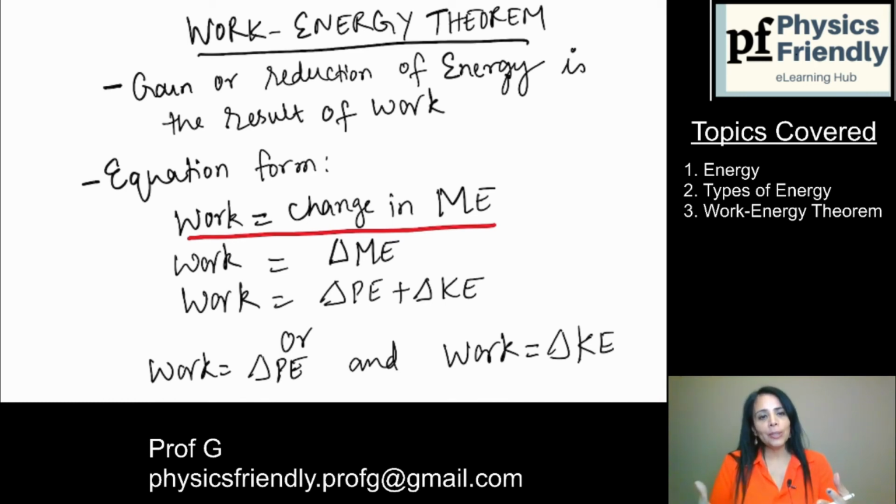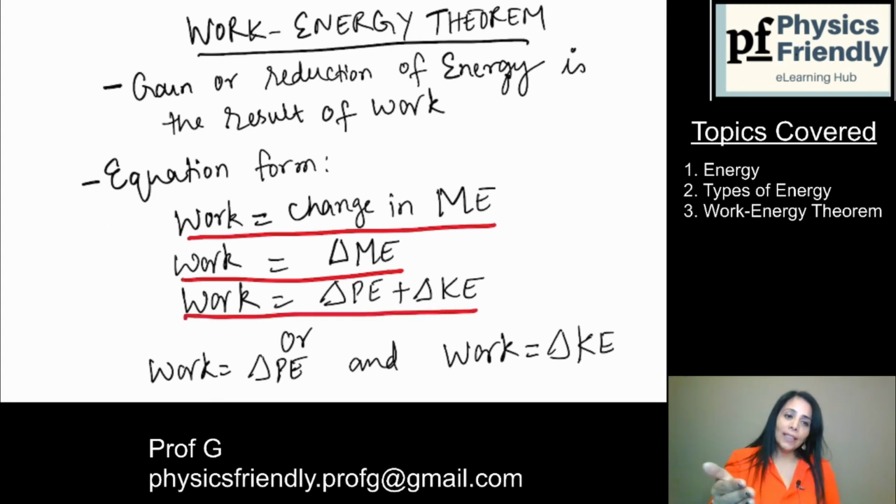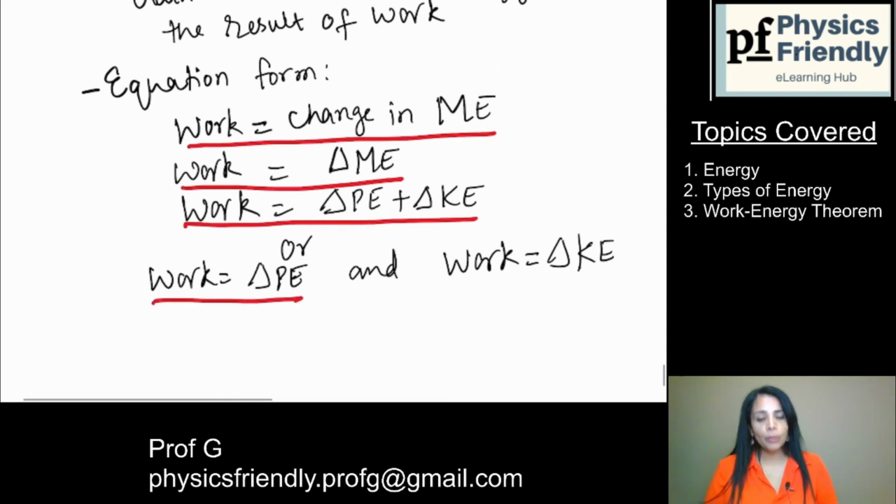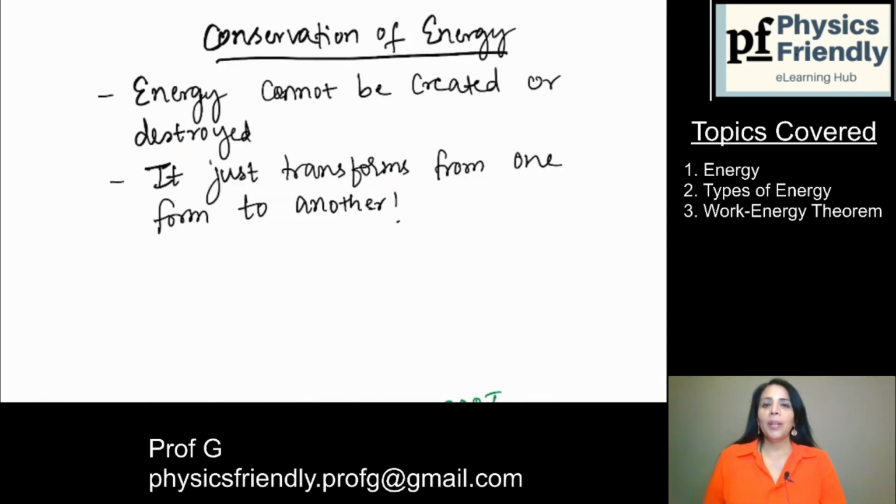That becomes work equals delta ME, where mechanical energy is a combination of both the potential as well as the kinetic part. So we write it in equation form: work equals delta PE plus delta KE. Or it can be separately written this way: work equals change in potential energy, or work equals change in kinetic energy.